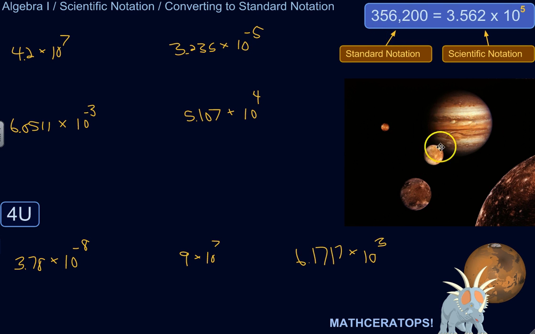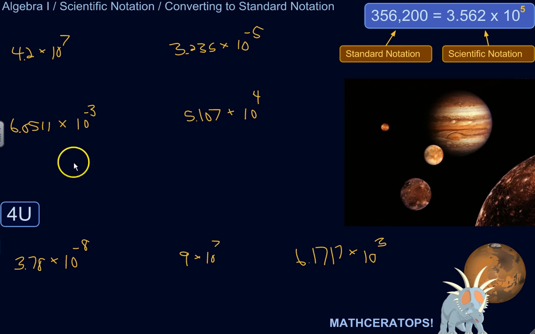Astronomical distances, for example: if you want to express something in kilometers, you could not write down the distance from here to the most distant object we've detected. It's such a colossal number that it has to be expressed in scientific notation, or else we just can't write it down. So it's just a convenient way to express very large or very small numbers.